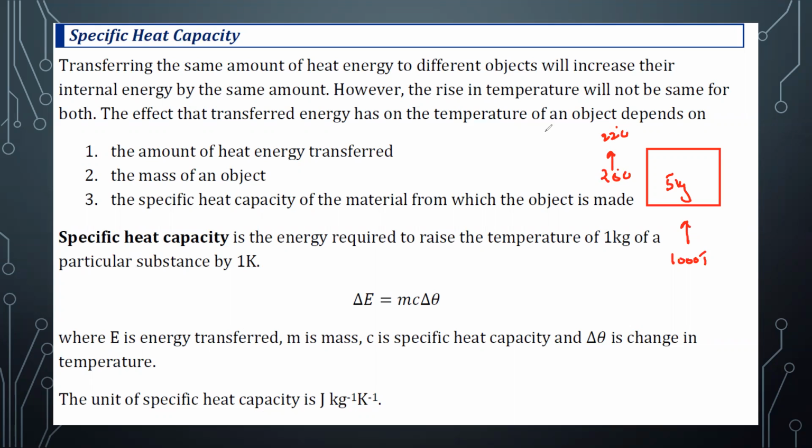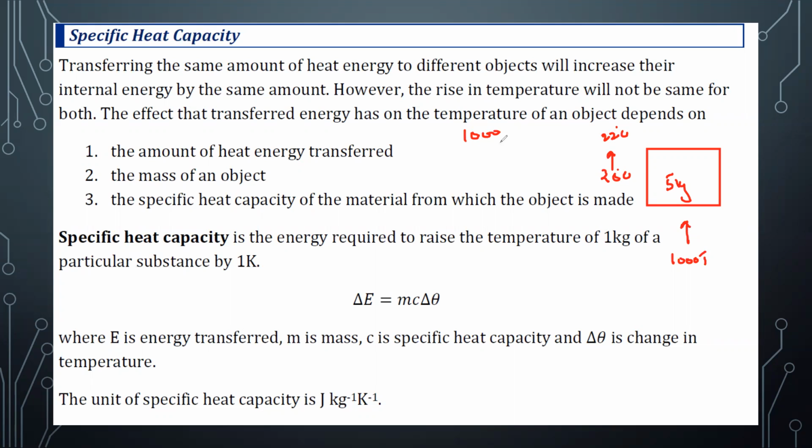Specific heat capacity means how much energy is needed to change the temperature of a 1 kilogram object by 1 degree centigrade. So 1000 joules is used for 5 kilograms, but we need it for 1 kilogram.